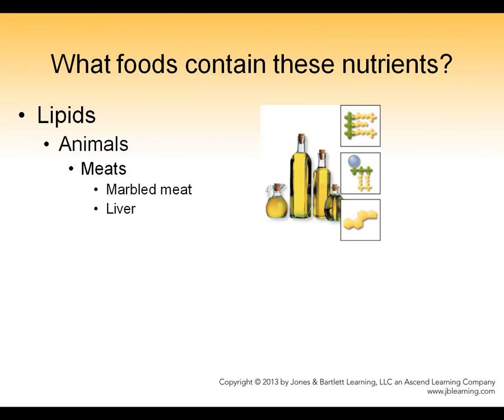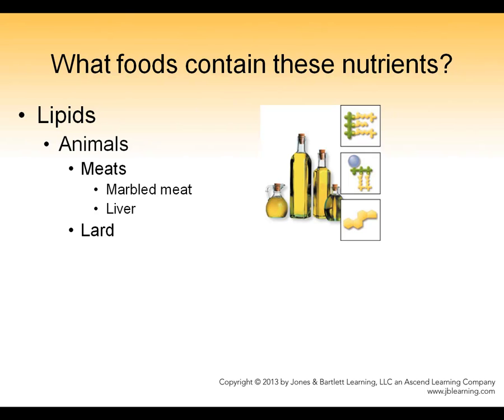And another type of food that we eat that's in the meat department at the supermarket is liver. And liver has a lot of fat in it. When you are eating pate, which is made from liver, you're mainly eating fat.